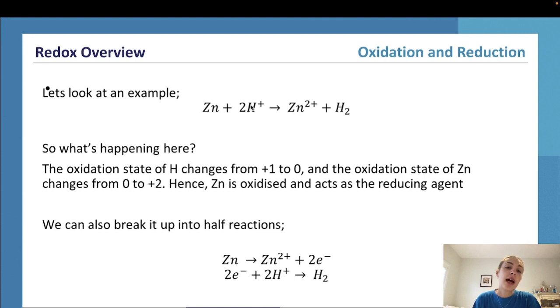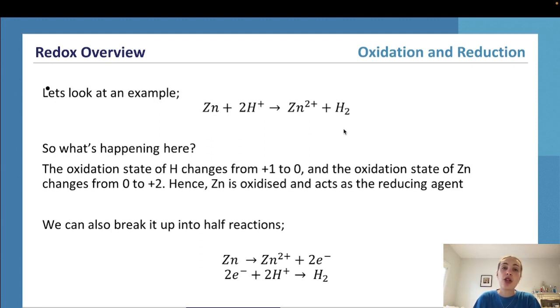We can then look at hydrogen, which is going from a 1+ charge to a charge of 0, so it's becoming more negative. It's going from 2+ with those 2 there, so 1+ per hydrogen, to 0.